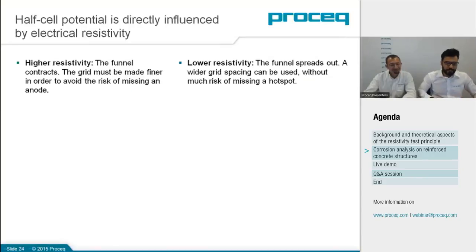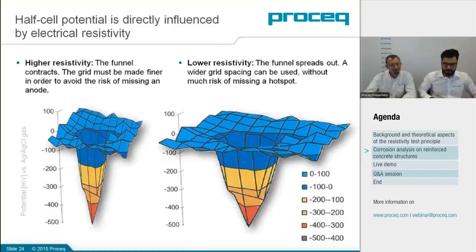Moving on from here, we talked about the high resistivity and the low resistivity. We've got two graphs for you here to show you the difference and how you should actually be dealing with it. There are some guidelines and standards also available on how you lay out your graphs, how you lay out your map, and how you set up your grids.